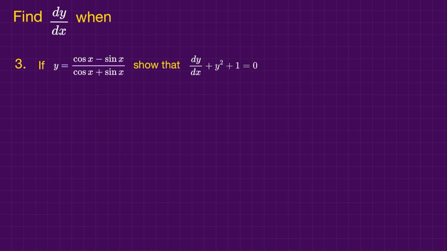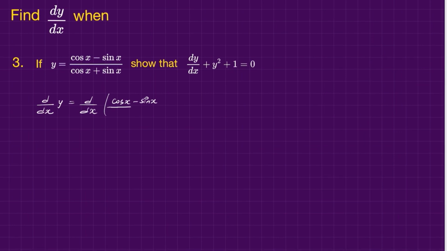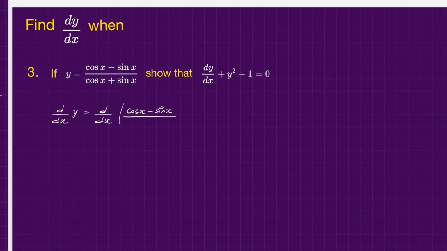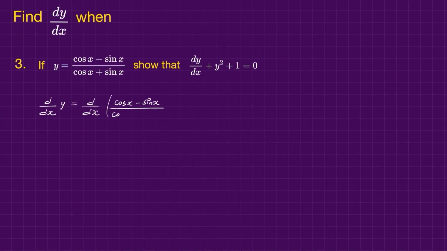Let us differentiate the given function using the quotient rule. So differentiating both sides with respect to x, d/dx of y equals d/dx of (cos x minus sin x) divided by (cos x plus sin x).